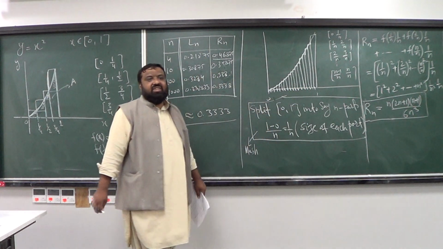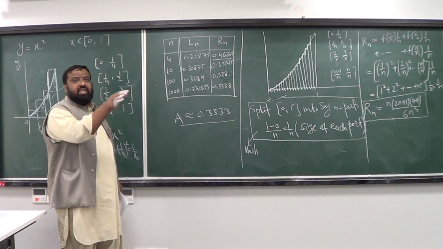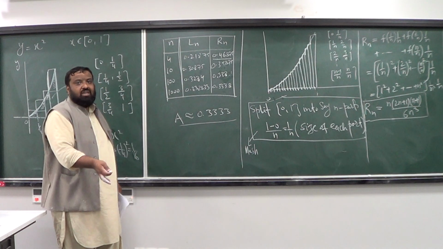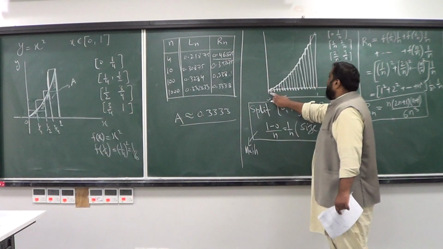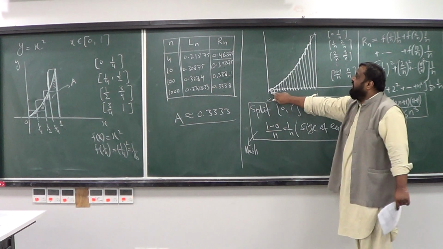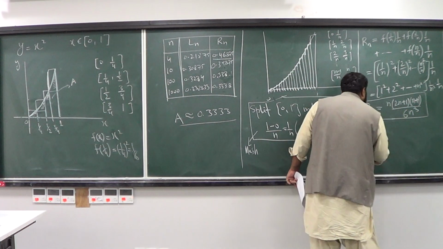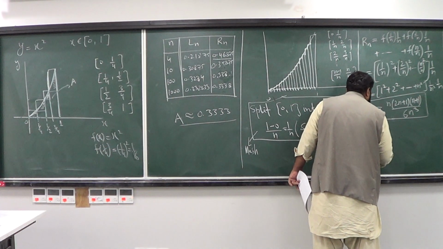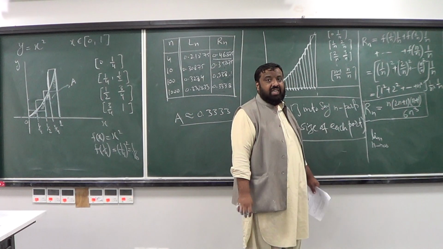Let's split this into more and more parts. So how to say it mathematically? So n is representing the number of parts in which you have split the interval 0 to 1. So if I increase this, limit n goes to infinity.